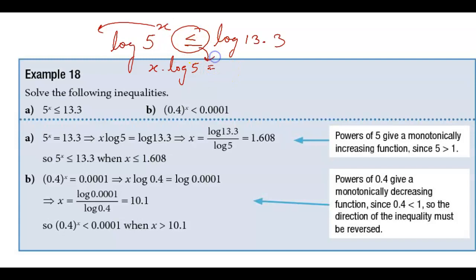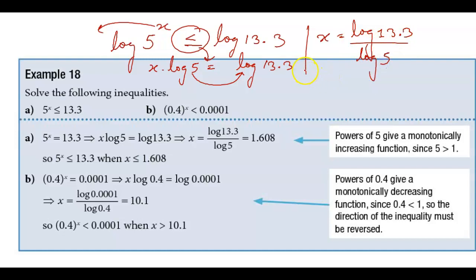Converting this inequality into equality, log of 13.3. Now what can be done children? Take this at the denominator. So you will be having x equals log of 13.3 divided by log of 5. Use your calculator and you will get x equals 1.608.